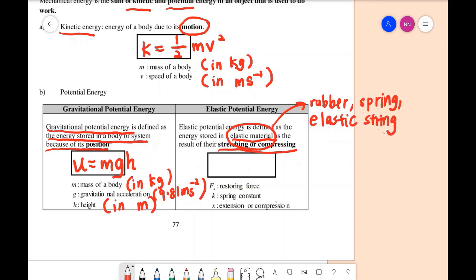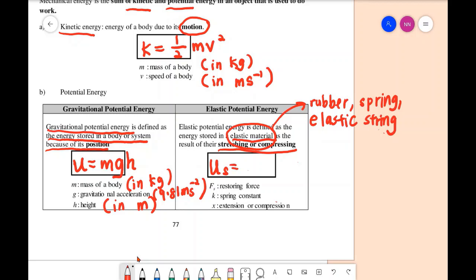So the formula for elastic potential energy is Us. We want to differentiate elastic potential energy from gravitational potential energy, so we put S for elastic potential energy.